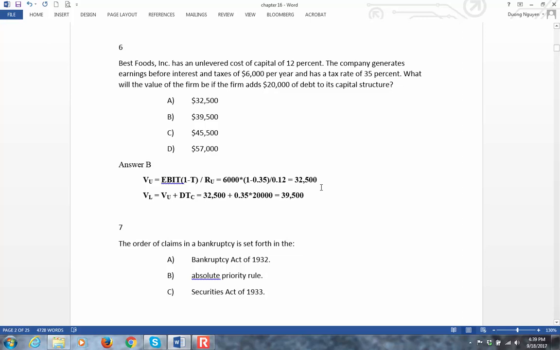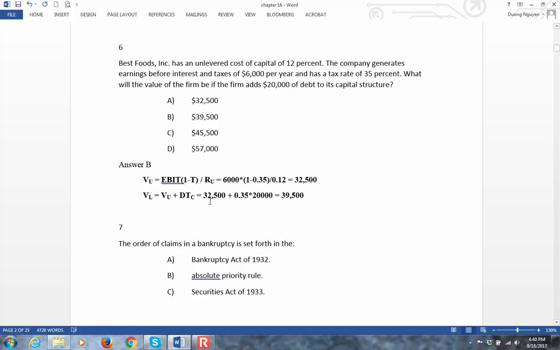And when the company is borrowing, the value of the firm V_L, the value of the firm when it is borrowing more debt, is equal to the value of the unlevered firm V_U plus the benefit of borrowing, the tax shield, which is the amount of borrowing times the tax rate.